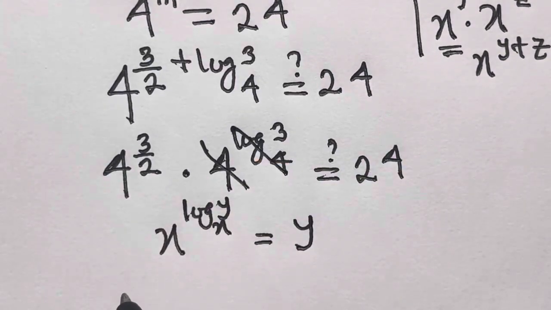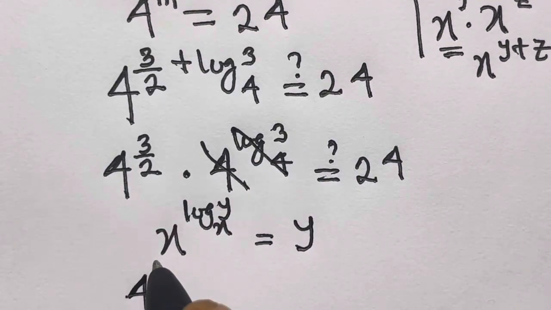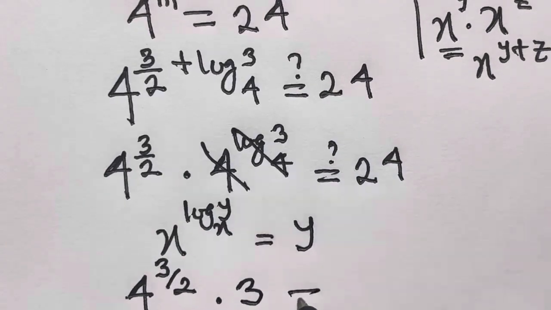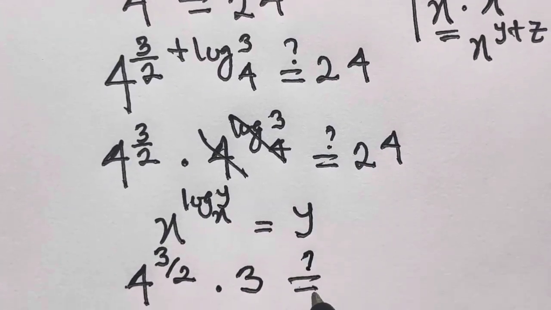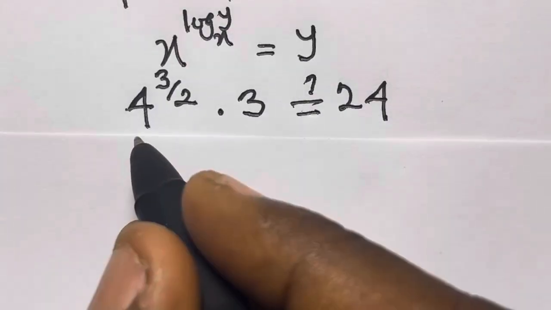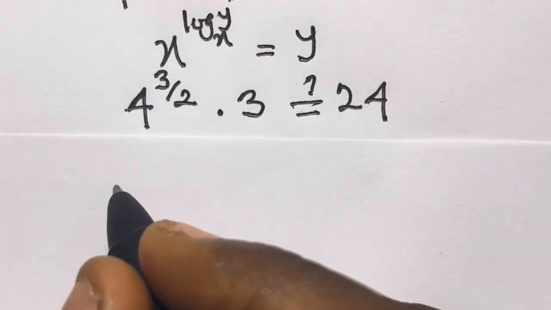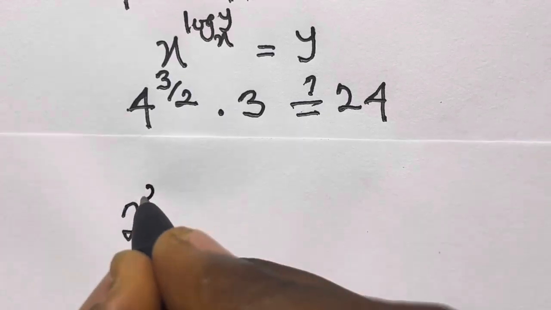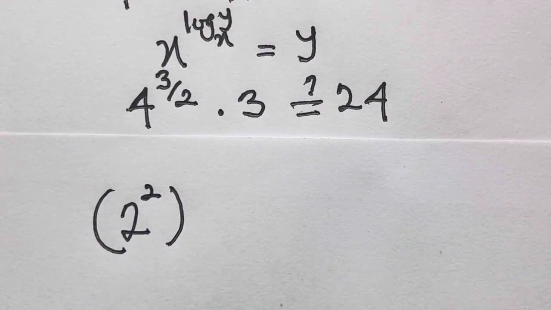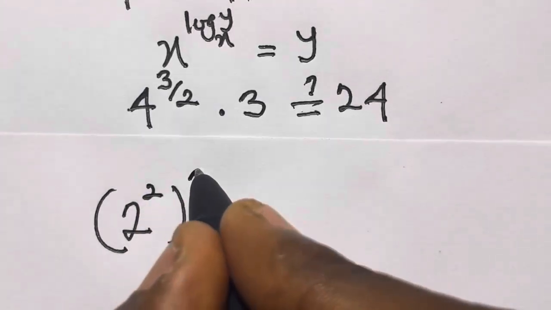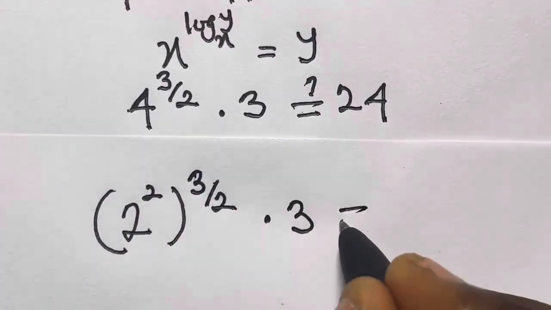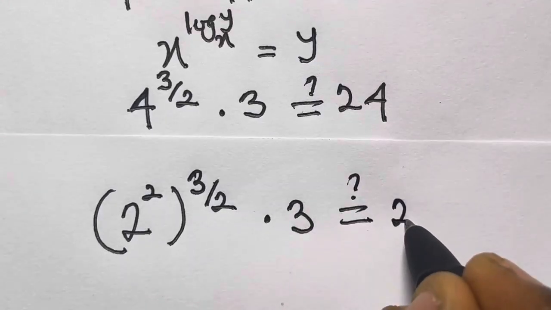So we have 4 raised to power 3 divided by 2 times 3. We want to check if this is equals 24. Remember I said we can express 4 as the power of 2, so that we have 2 raised to power 2, and we have 2 raised to power 3 divided by 2, then times 3 here. We want to see if this is equals 24.